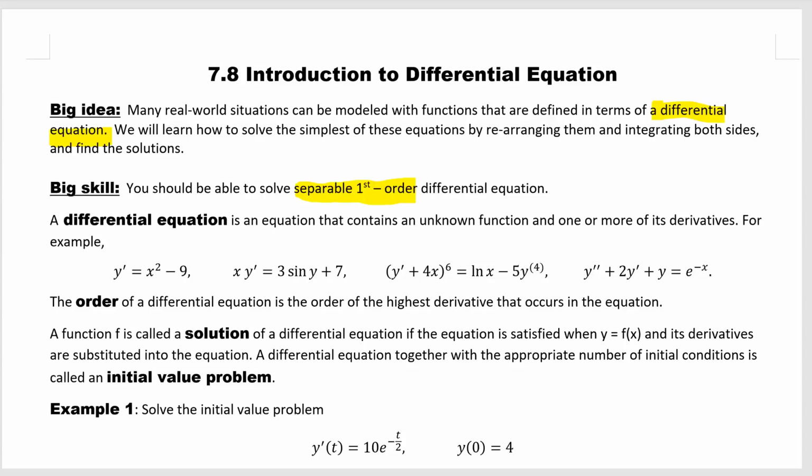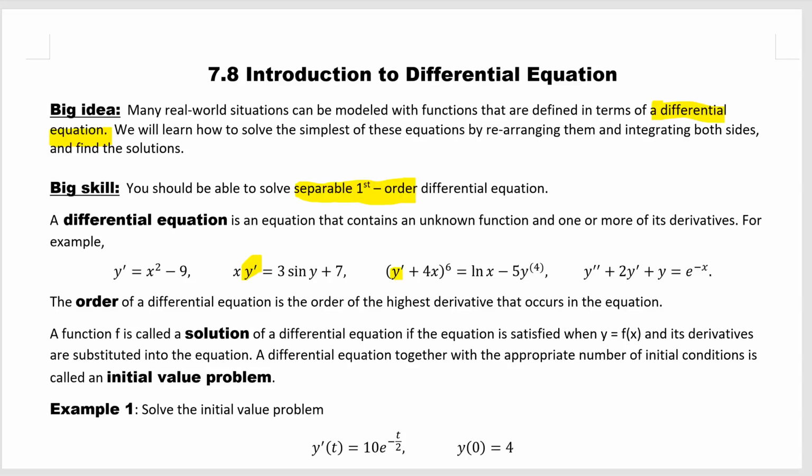So a differential equation is an equation that contains derivatives. In the next one we also have y prime, so it's a differential equation. Next we have y prime plus 4x, and this is also a differential equation. And in the next one we have the second derivative, so this is also a differential equation.